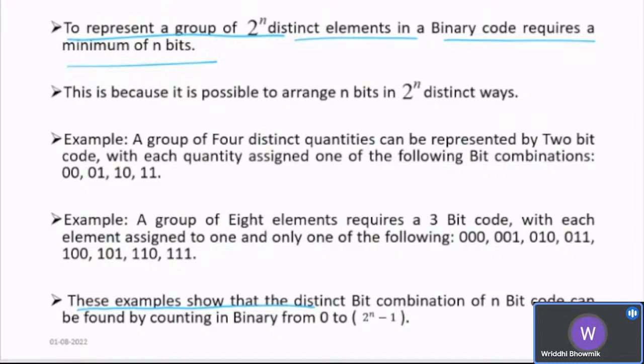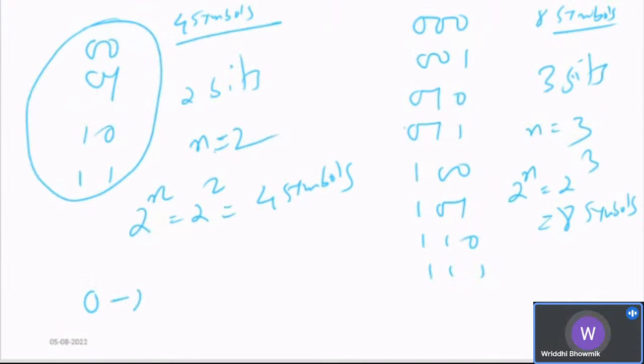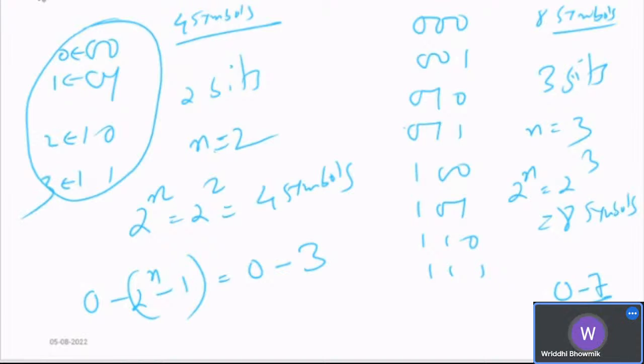These examples show that the distinct bit combinations of an n-bit code can be found by counting in binary from 0 to 2 to the power n minus 1. Means for this case it should be 0 to 3, and for this case it is 0 to 7, isn't it? Because 00 means 0, 01 means 1, 10 means 2, 11 means 3. Same here: 0, 1, 2, 3, 4, 5, 6, 7.